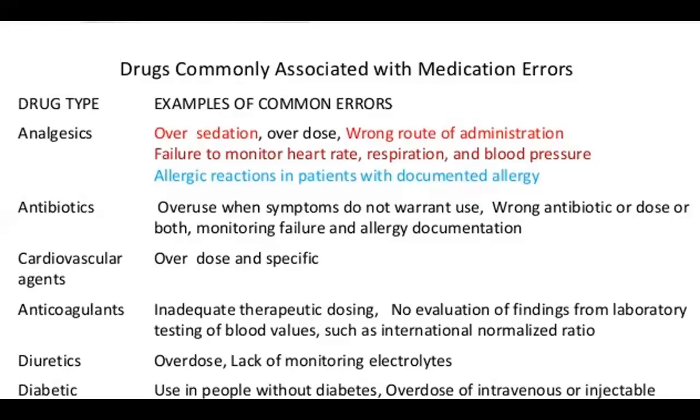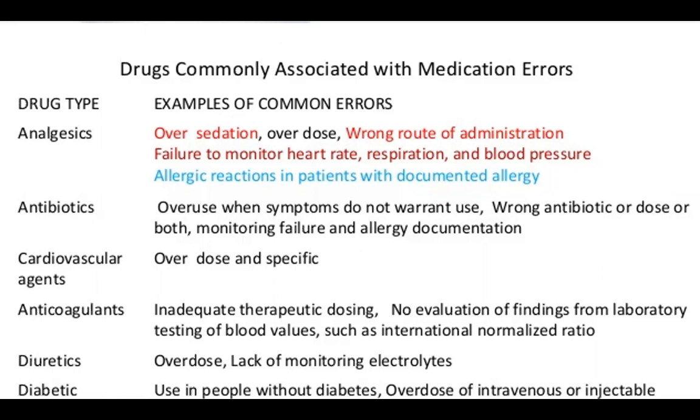Sometimes they have to wait for the culture and sensitivity report, which takes 48 hours. During that period, they have to prescribe empirical therapy. So sometimes they prescribe the wrong drug, the wrong antibiotic or dose or both. So any allergy to these drugs must be checked.